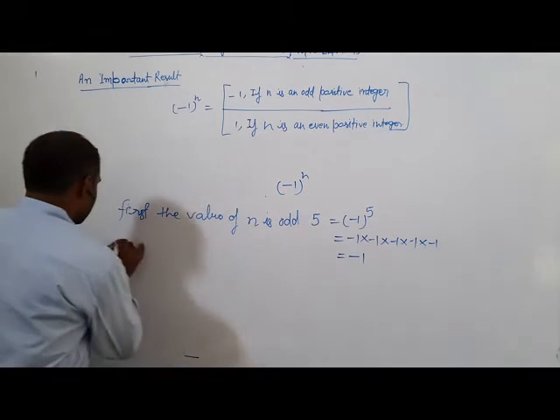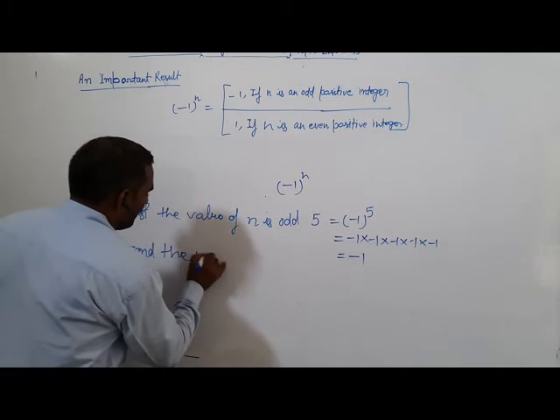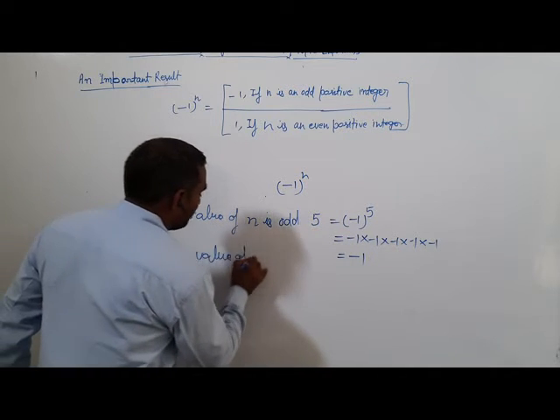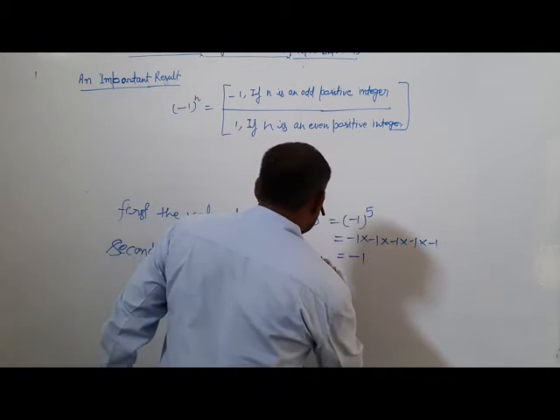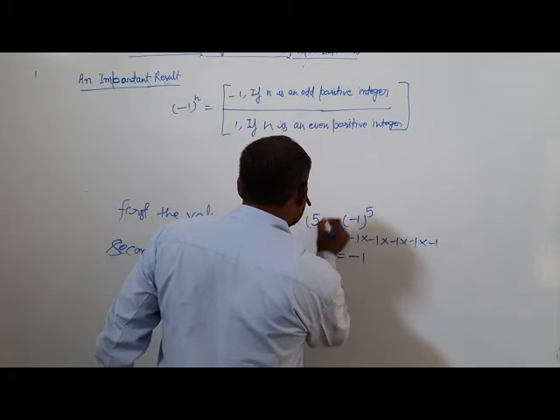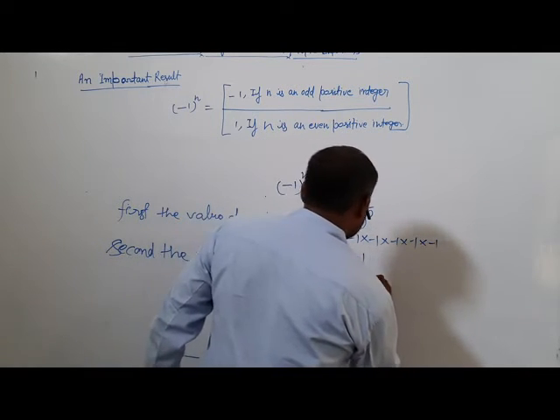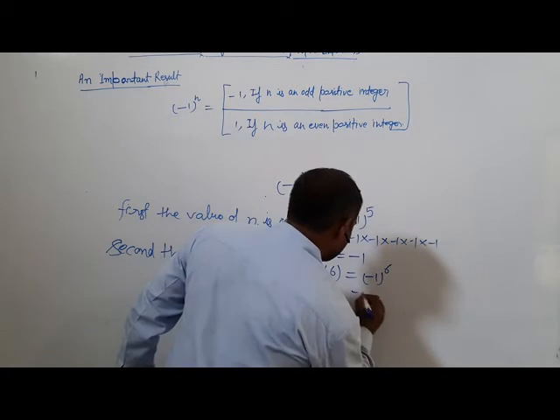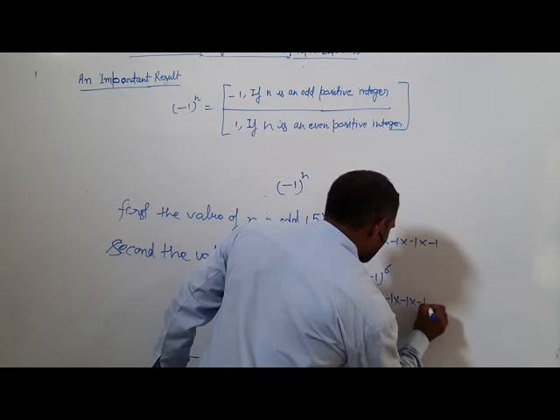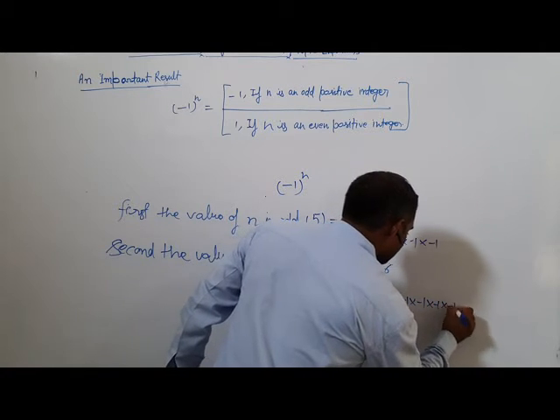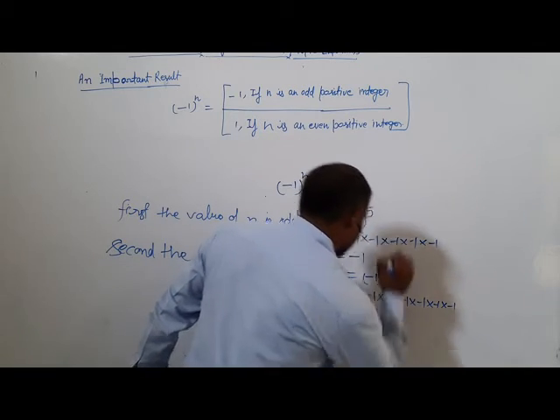Second, when the value of n is even: here is 5, here is 6. -1 raised to power 6. We can write -1 into -1 into -1 into -1 into -1 into -1, 1 2 3 4 5 6, is equal to 1.